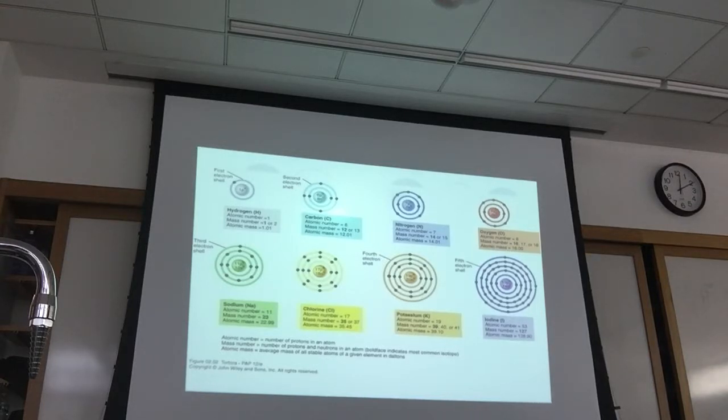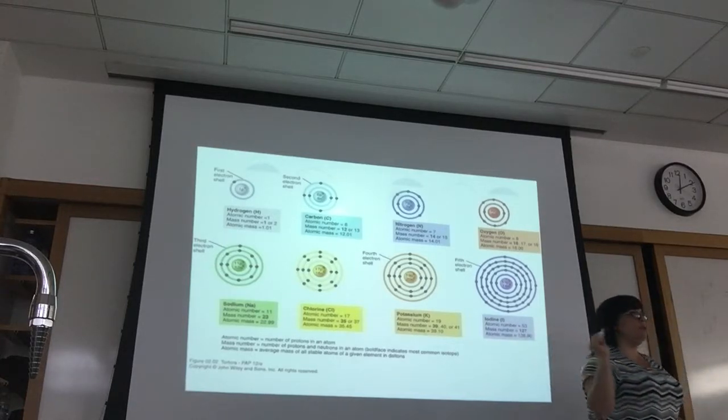So if I give you the number of protons, you can give me the number of electrons and the atomic number, just from that one piece of information that I gave you. If I gave you the number of electrons, you should be able to give me the protons and the atomic number. Yeah? Good. The other formula that I said was for mass number. What's the mass number formula?